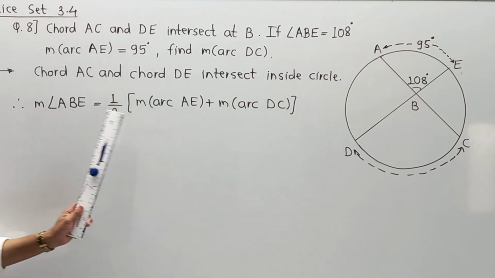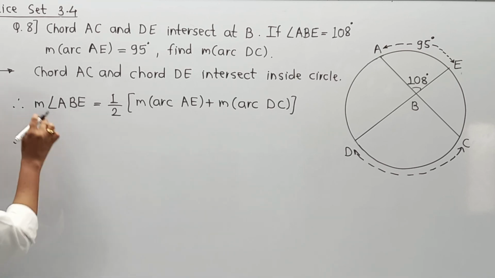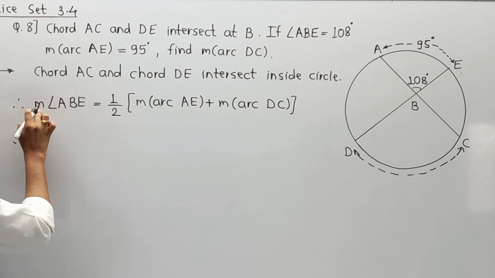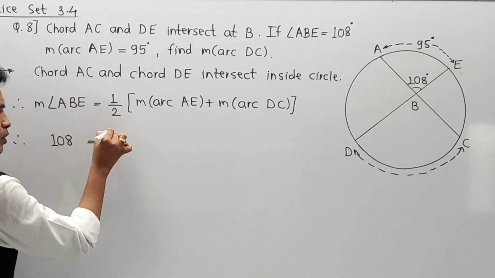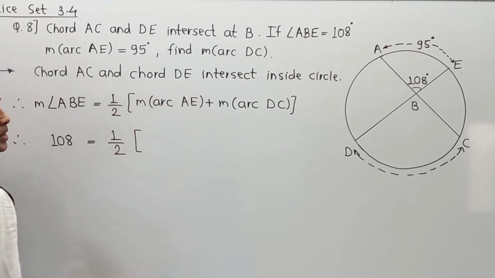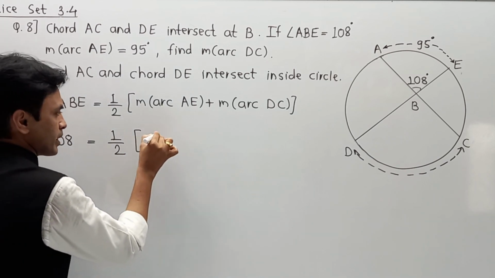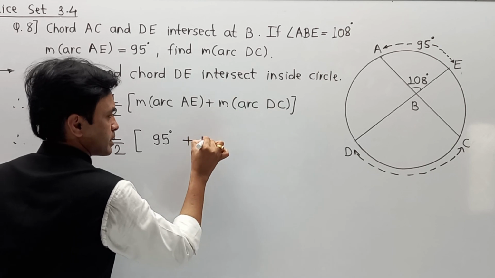Now we have to perform the calculation, and step by step we get an answer. Major angle ABE, this value is 108 degrees. So 108 is equal to half of major arc AE, which is given as 95 degrees, plus major arc DC.